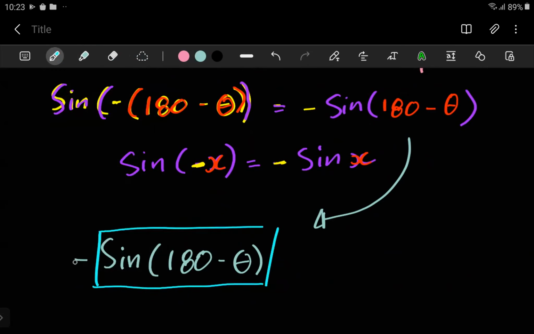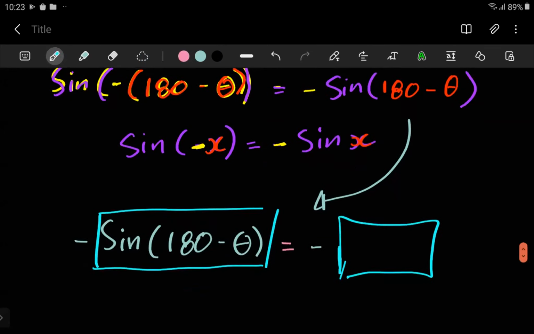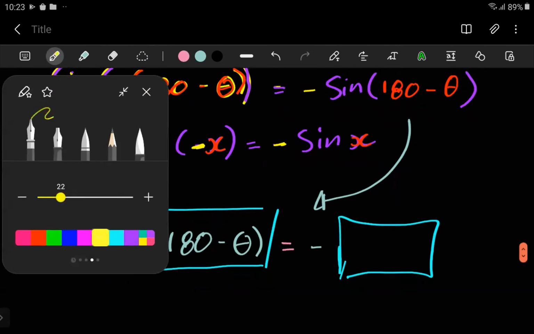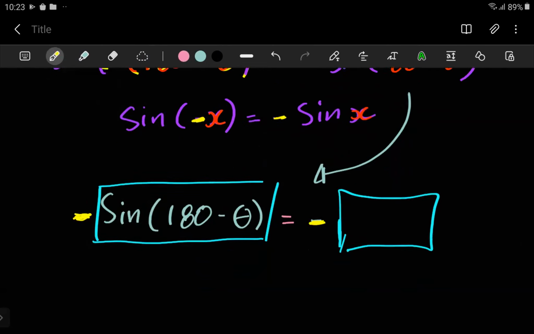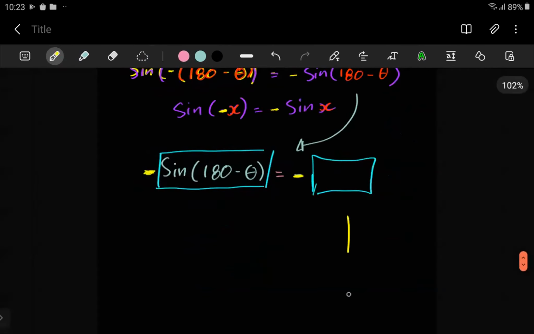This minus is just there, so this is going to be equal to this minus here. This minus is already there by default. But sine of 180 minus theta, we know what that can come out as because of our cast diagram.